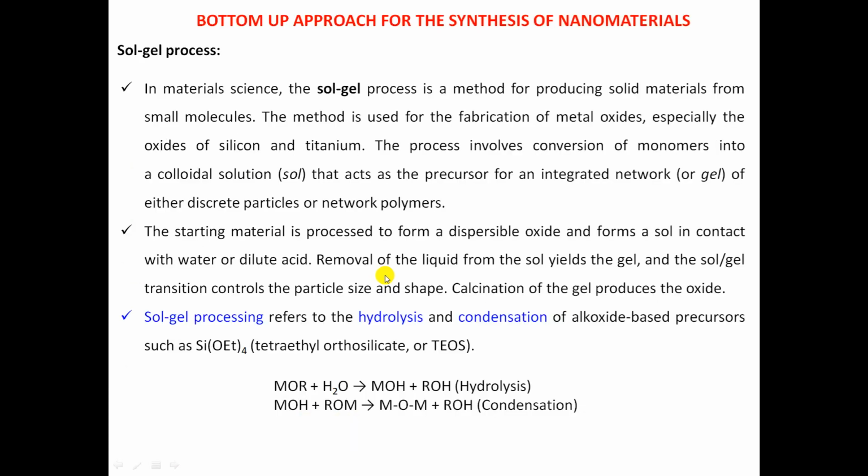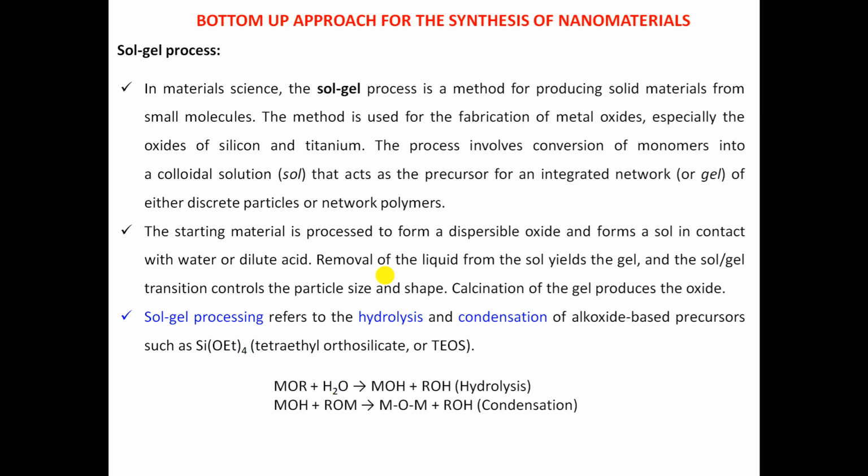Now we are going to discuss the bottom-up approach for the synthesis of nanomaterial by using the sol-gel process. The principle of the sol-gel process is that chemical reactions are conducted in solution to produce nano-sized particles called sols.